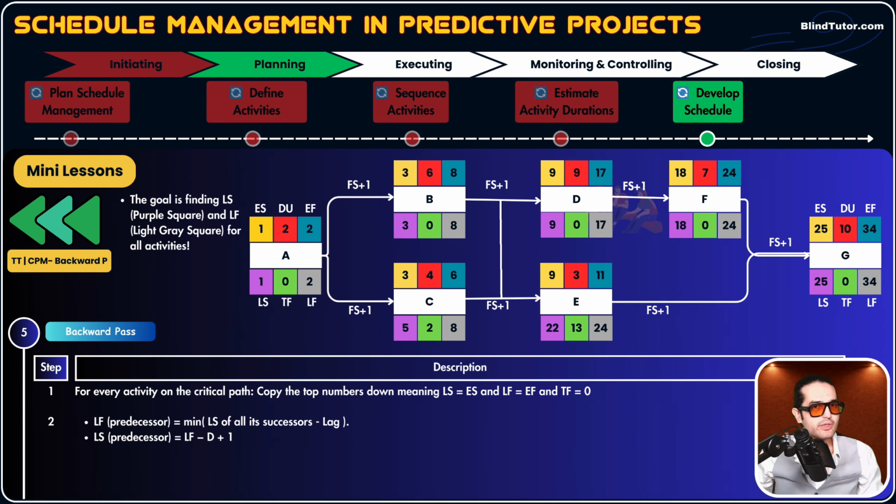If your resources are not available, if a supplier delayed, you have flexibility. You shouldn't be worried. Why? Because activity E is not on the critical path and it has float. You can play around. Your project would still finish on day 34. That's why we need LS, LF, ES, EF.